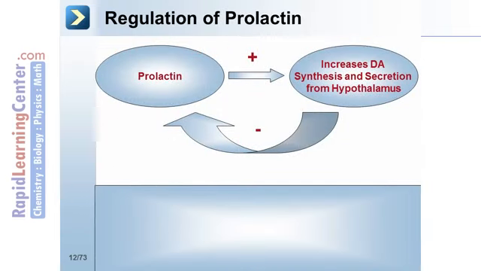Next, let's review the actions of specific hormones within the endocrine system. Prolactin increases dopamine synthesis and secretion from the hypothalamus. By negative feedback, dopamine subsequently inhibits prolactin secretion.